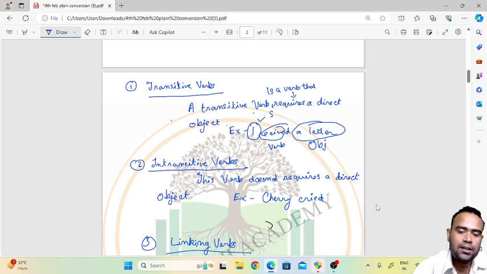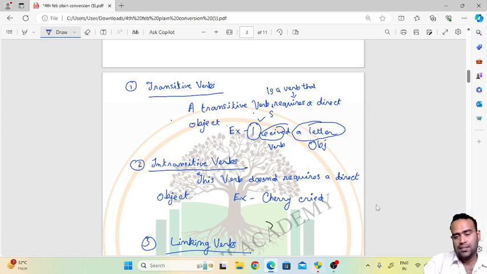Intransitive verbs. A transitive verb requires an object to complete. Intransitive verbs do not require any objects to complete or to make any sense. This is the main distinction between transitive verbs and intransitive verbs. Transitive verbs require an object, intransitive verbs do not.